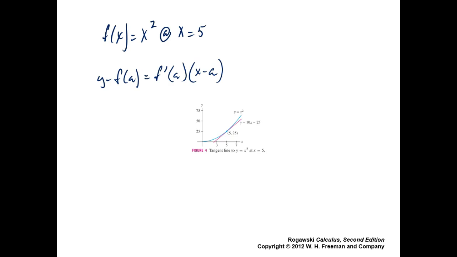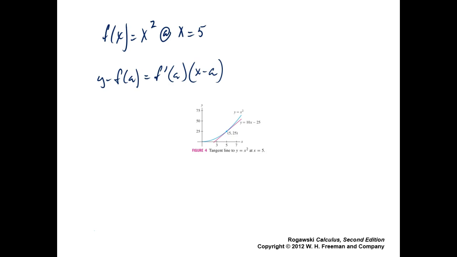In that picture, what are your pieces up there? Well, your f is the function, x squared. What is your 5? In this formulation, your f is x squared, so this will be a squared. What is your 5?